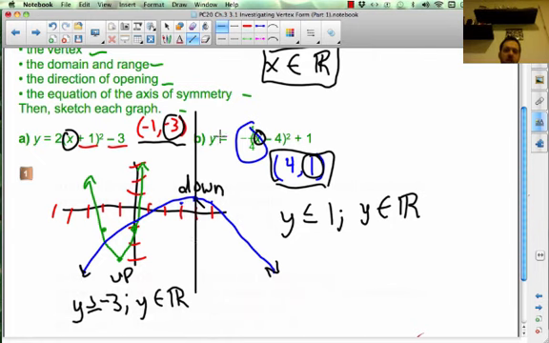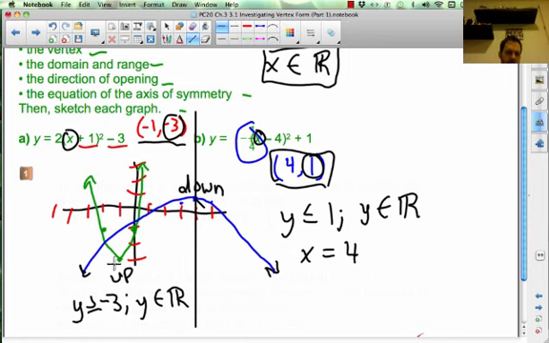So for this second one, the axis of symmetry is going to be x equals 4, the x value of the vertex. And it will be an equation because it's the equation of a vertical line. x will always be 4 no matter what y is because it's a vertical line.